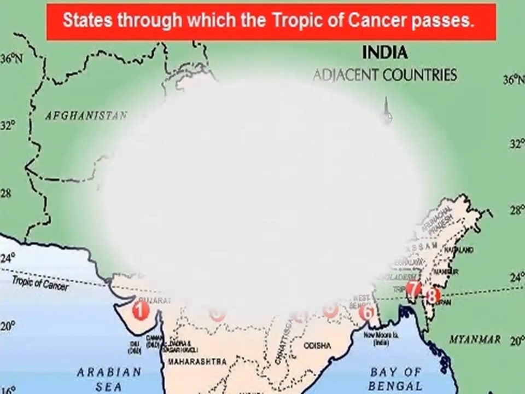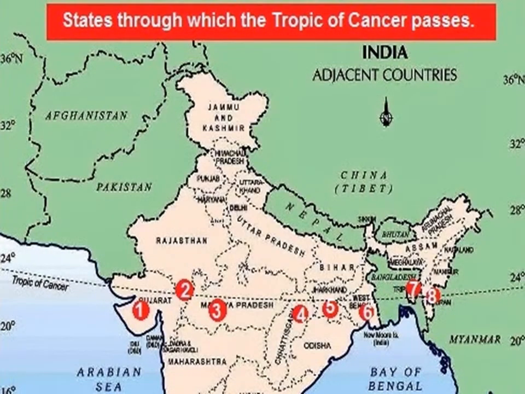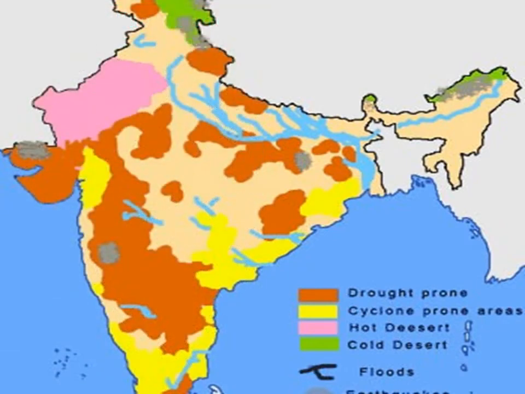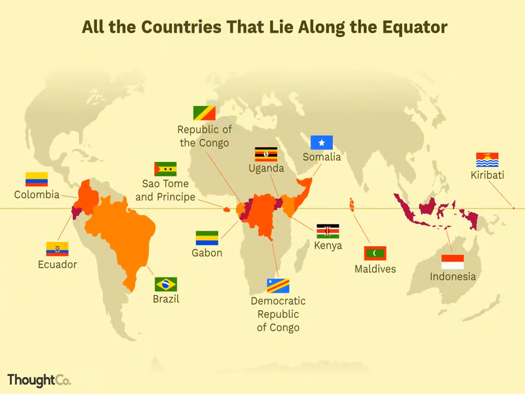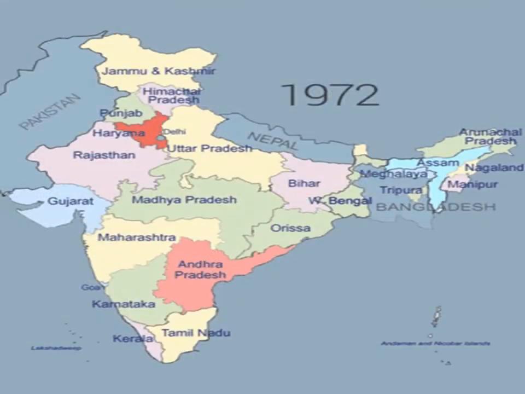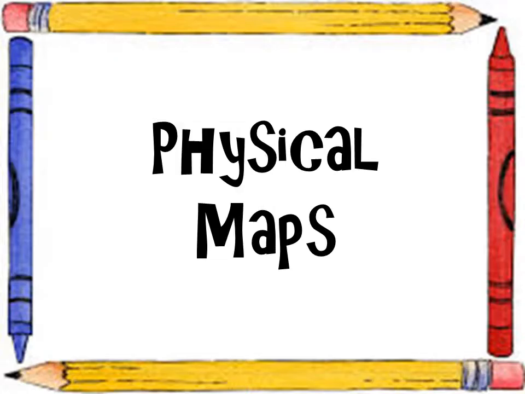In short, political maps show the boundaries and places made by people and governments like countries, states, capital cities, and other important places. Let us now learn about physical maps.